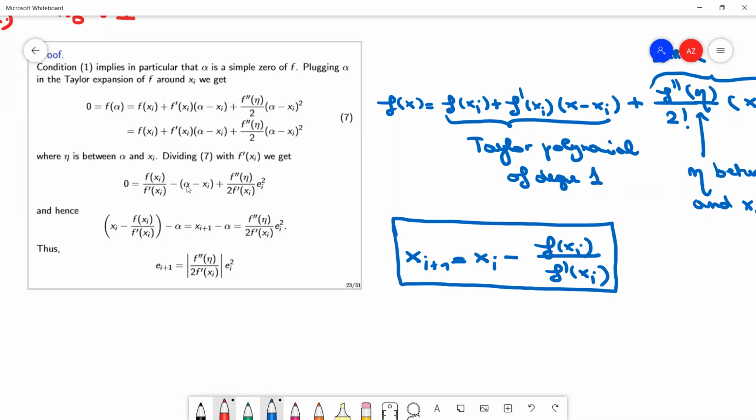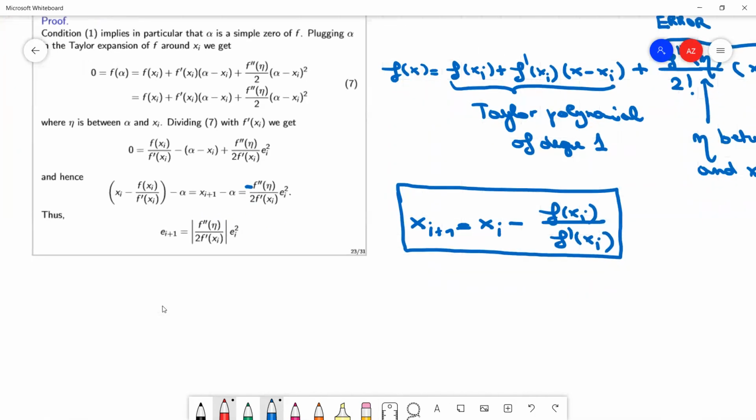And alpha is the true 0, so it's alpha. And what remains is on the other side. So here it should be minus. So minus is missing here. But it doesn't matter now.